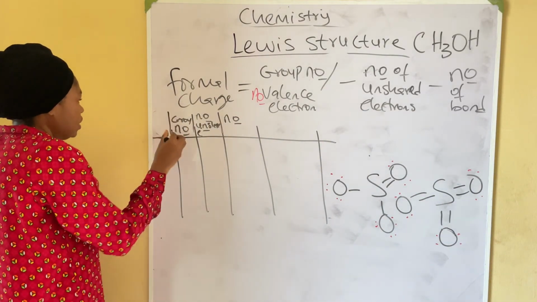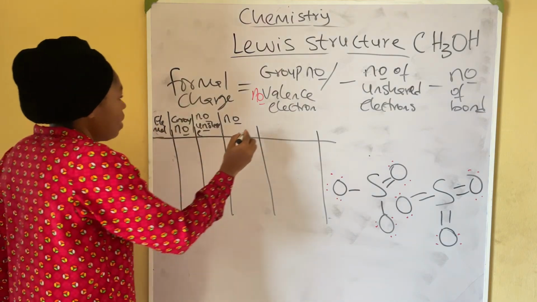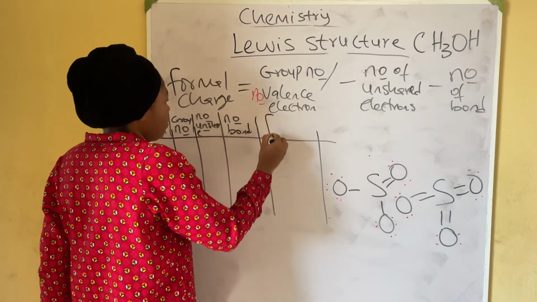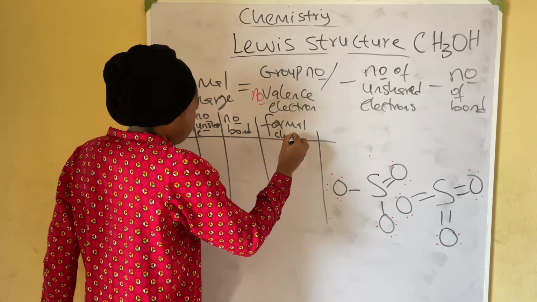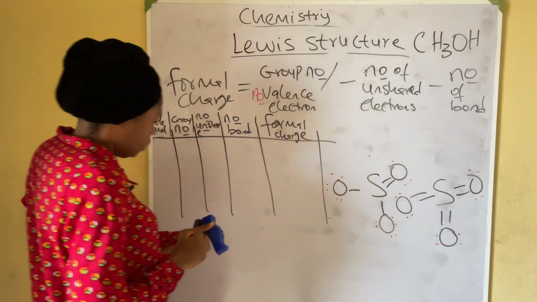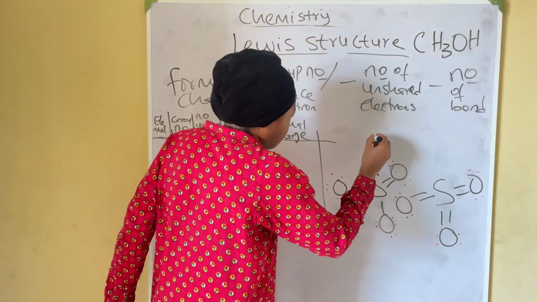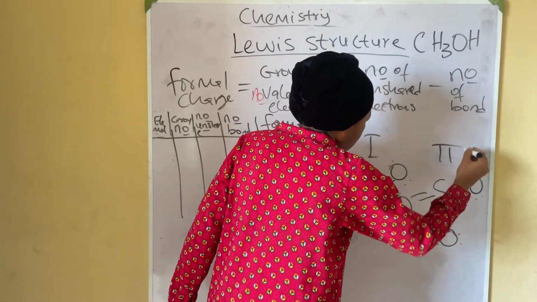So this is the element. So this one now will be what? Number of bonds. So here we have my formal charge. For this first one, this is the first one we did. This one is the second.